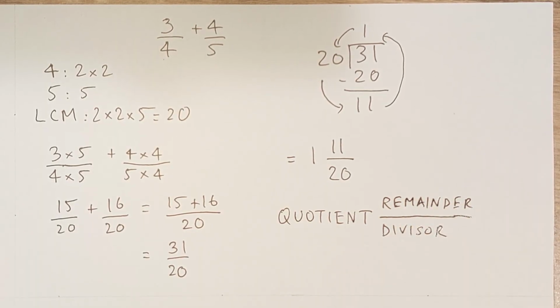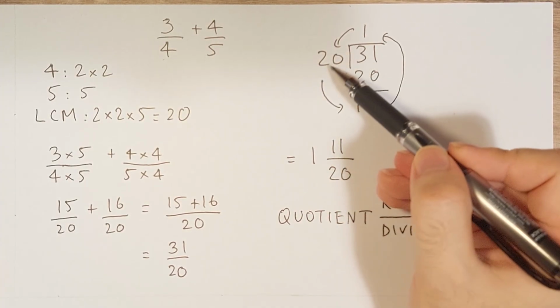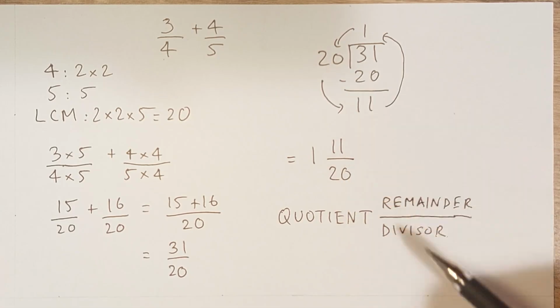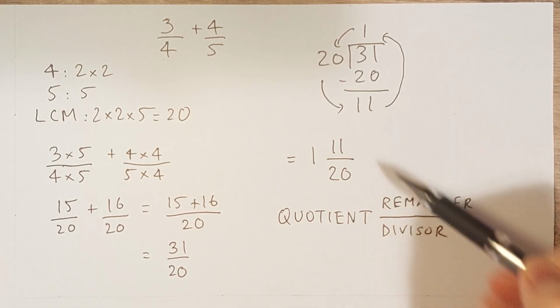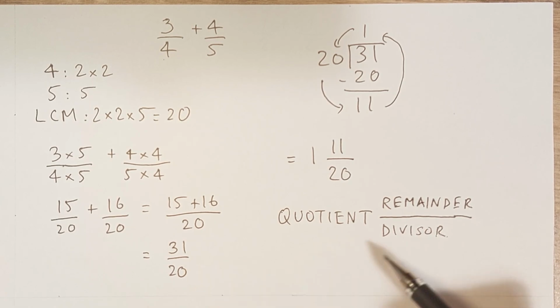So the quotient was 1, we wrote that at the left. The divisor, we wrote that at the bottom here. And the remainder, we wrote it above. This is how you convert an improper fraction into a mixed number.